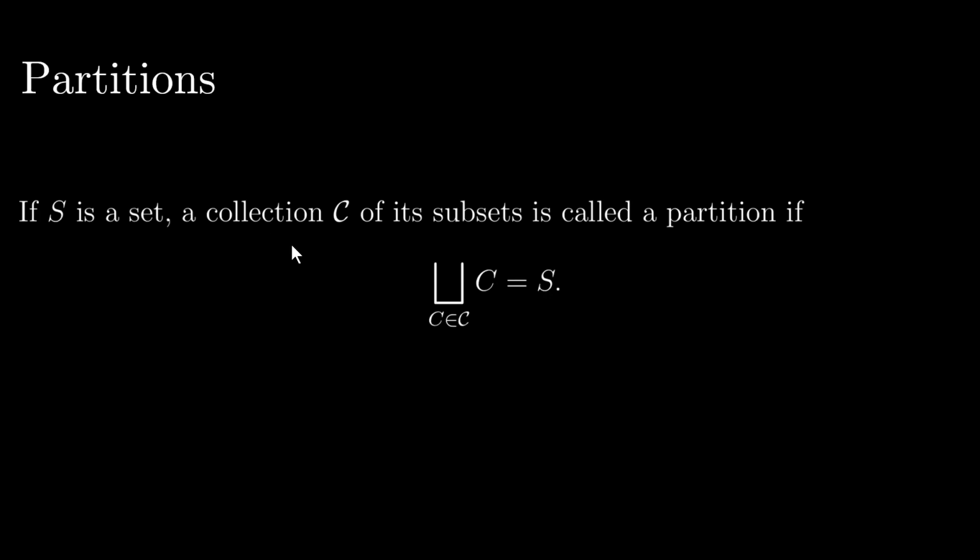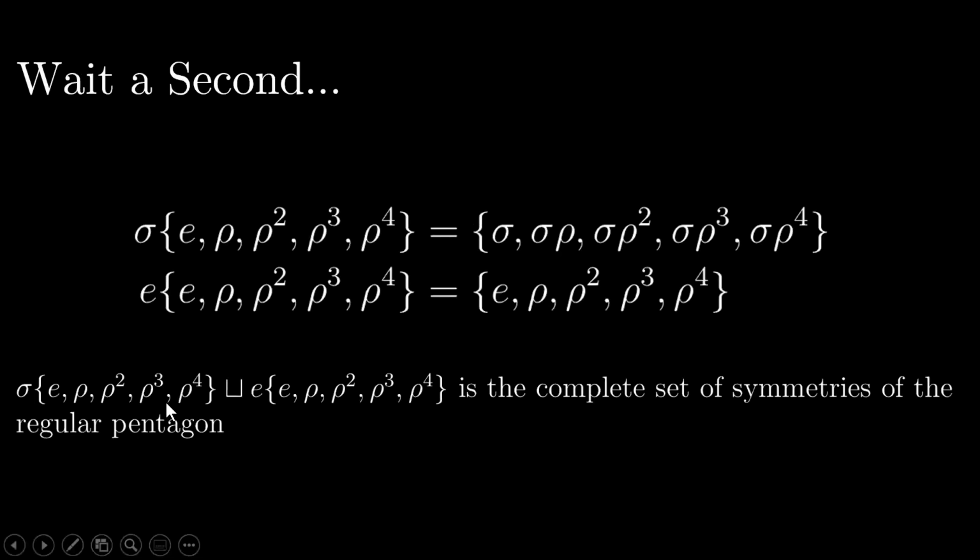So for example, here we use the same symbol because none of the elements in one of the cosets is inside the other, okay? They're disjoint. And their disjoint union is equal to the group of symmetries of the pentagon.